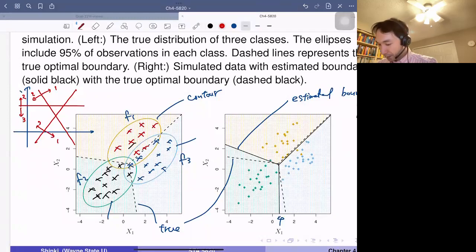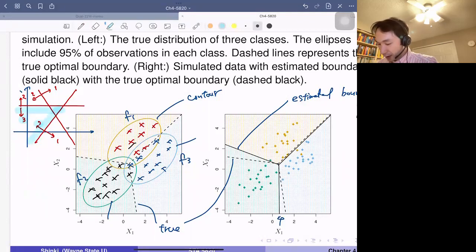Then what's happening? You can say that, for example, this range is class 3.